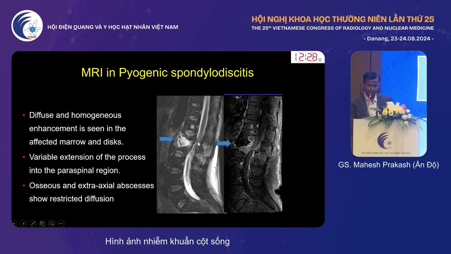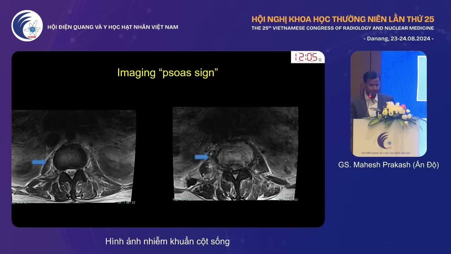Here you can see compromise of the neural foramina. This can happen if the infection is detected in later stages, so the role of the radiologist is to detect the changes as early as possible so the patient benefits from the imaging. Your role is very important in that way.